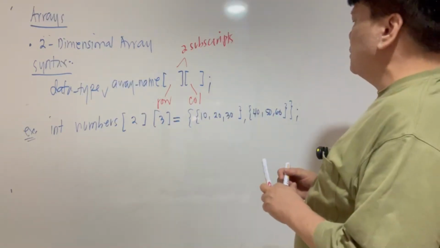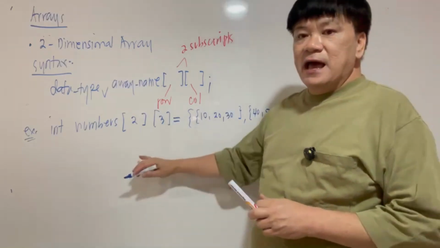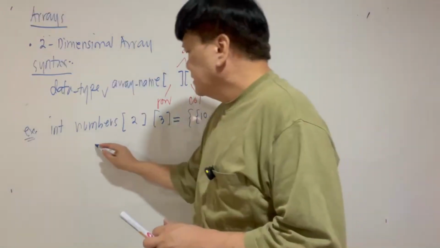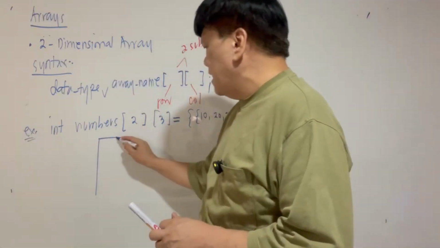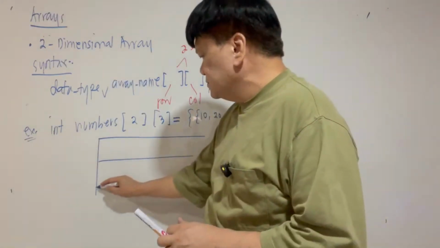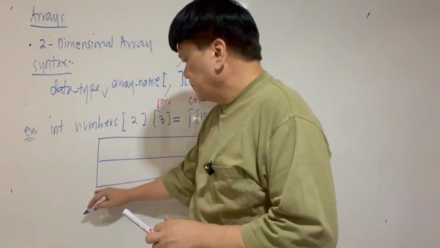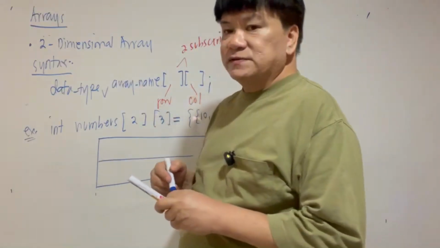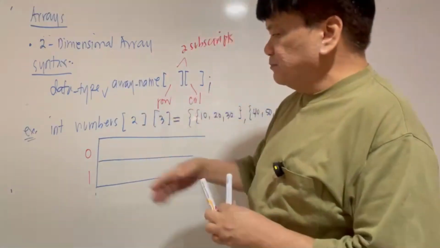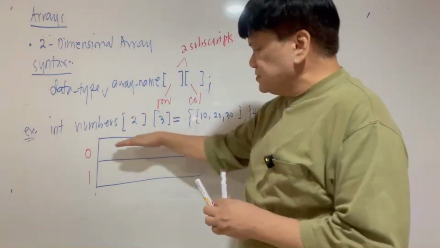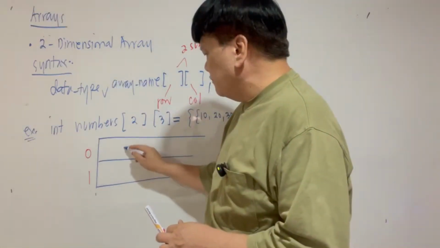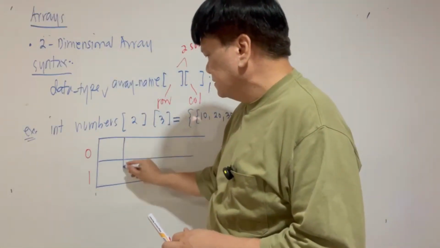Now, if we are going to create a storage representation for this given value, we have 2 rows. Again, your row starts at index 0 and then 1, pertaining to the first row and the second row. And then you have 3 columns.